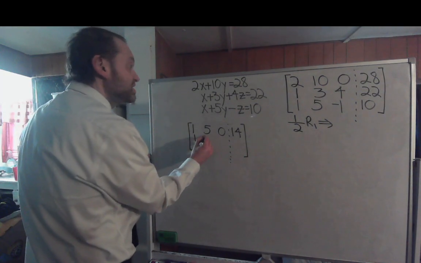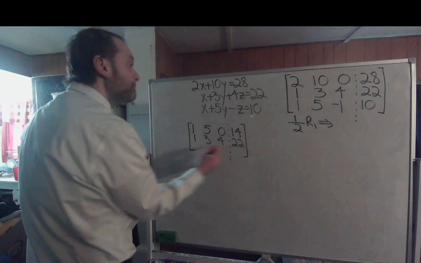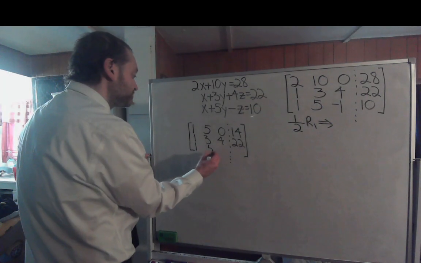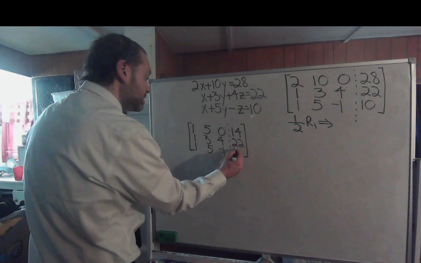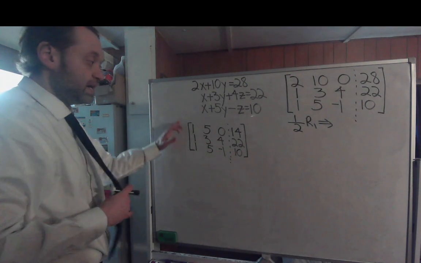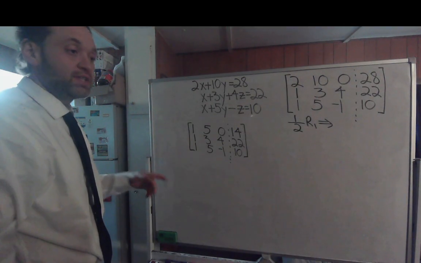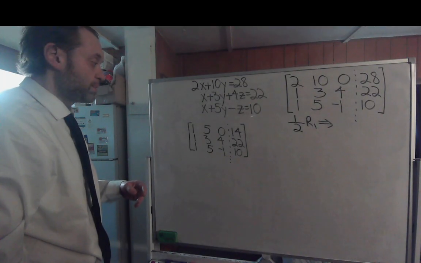Then we left the second and third rows alone for now. So the second and third rows haven't changed, but the top row has. Notice we have all 1s to work with. This is going to make life a lot easier.